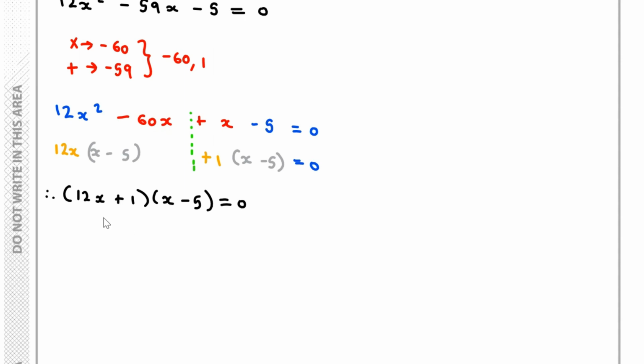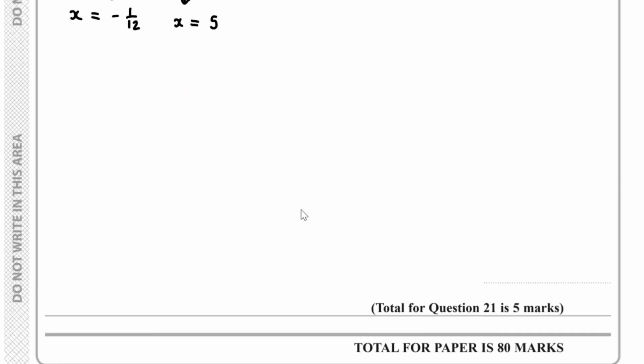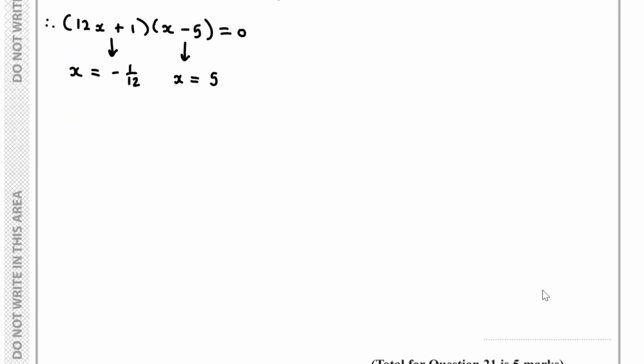So from here, we've either got x equaling minus 1 over 12, or we've got x equaling 5. So therefore, we've got two solutions, x equals minus 1/12, or x equals 5.